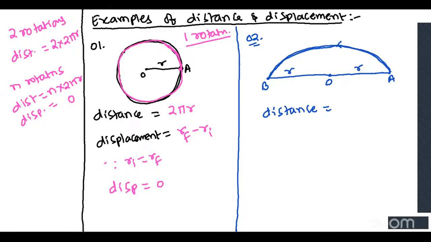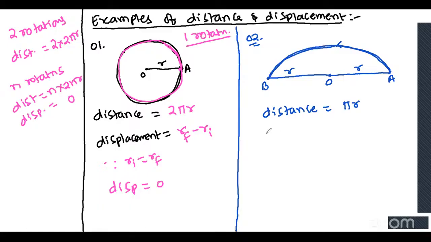What is the circumference of a semicircle? Circumference of a circle means 2 pi r. Circumference of a semicircle means we can write as pi r.